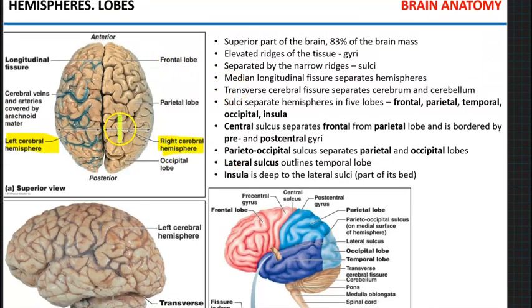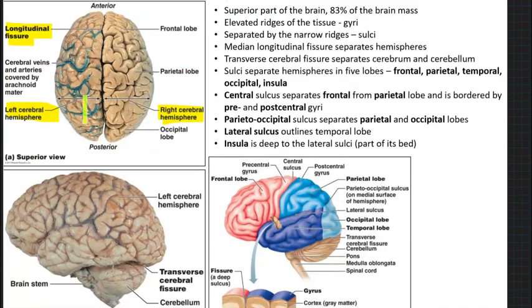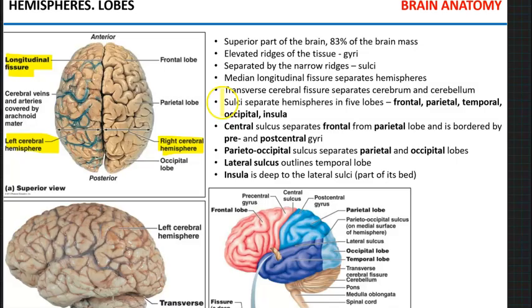Hemispheres are separated by the median longitudinal fissure, and on the surface you can see that there are ridges called gyri. For example, this is the post-central gyrus.